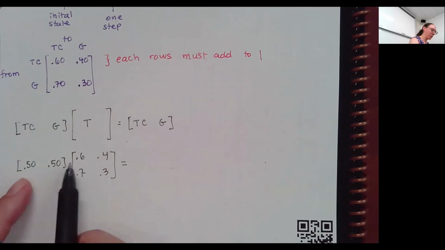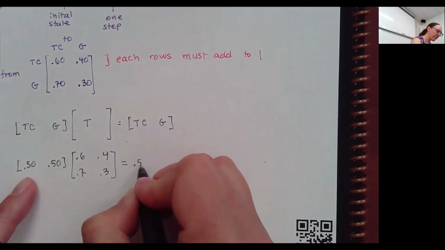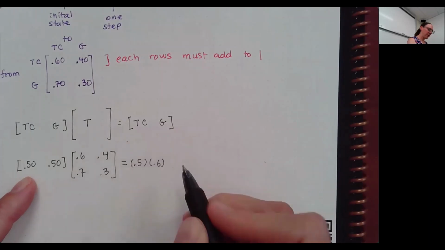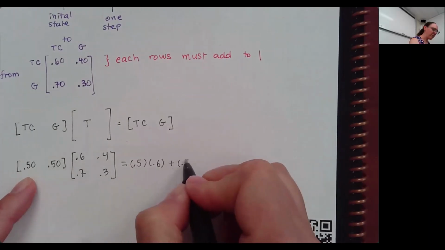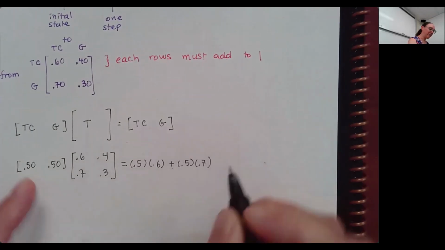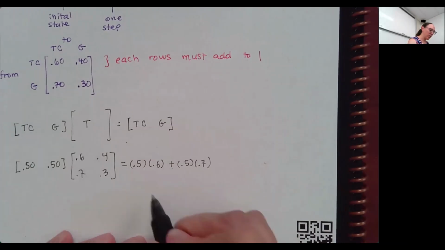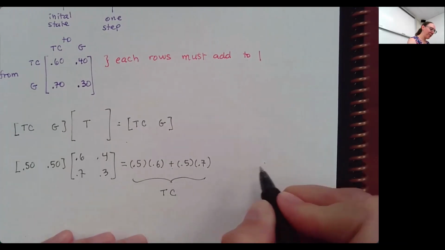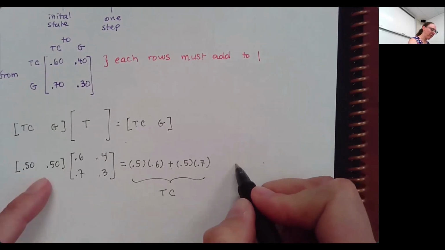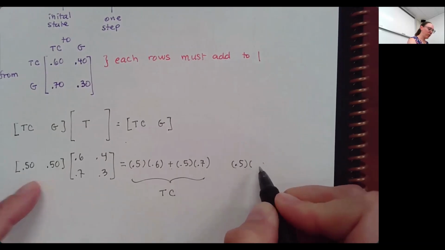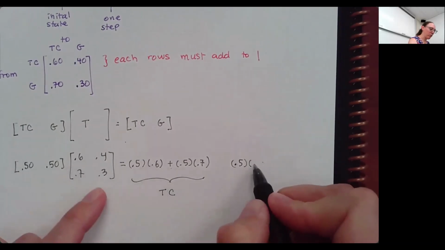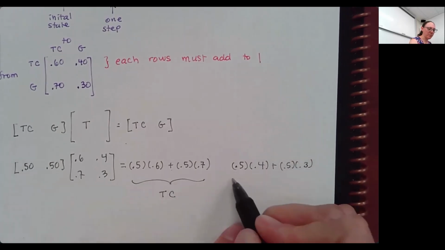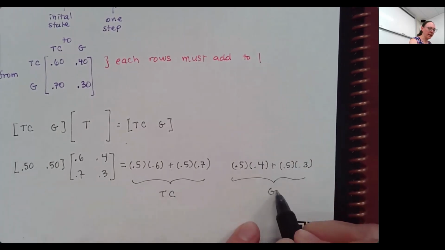So 0.5 times 0.6 plus 0.5 times 0.7 is the first entry. That first entry is my Thai Canteen. And my second entry would be 0.5 times 0.4 plus 0.5 times 0.3. So that's my Guad's entry.